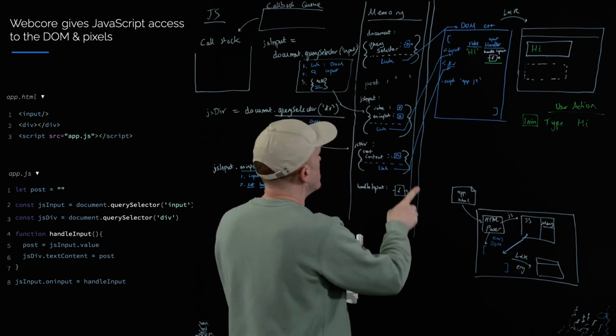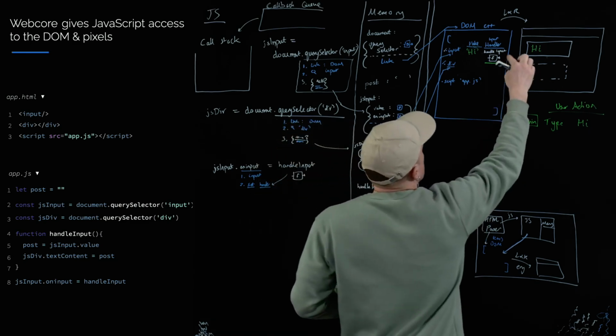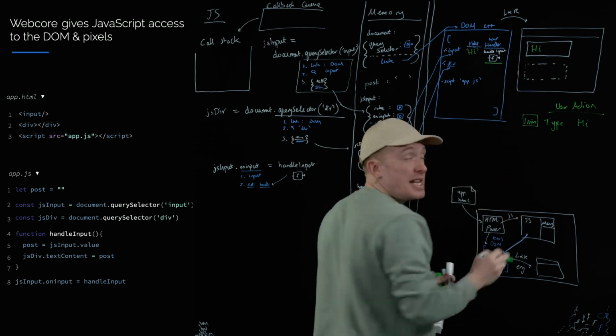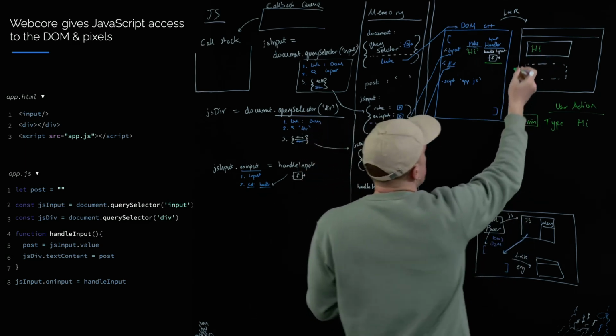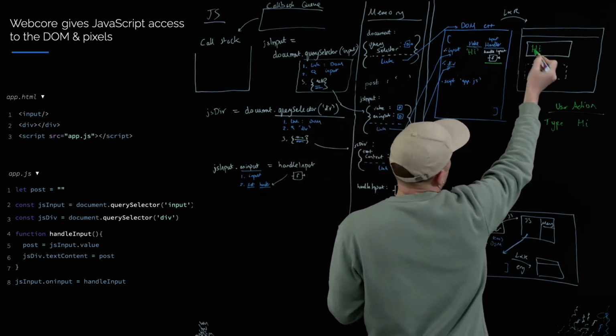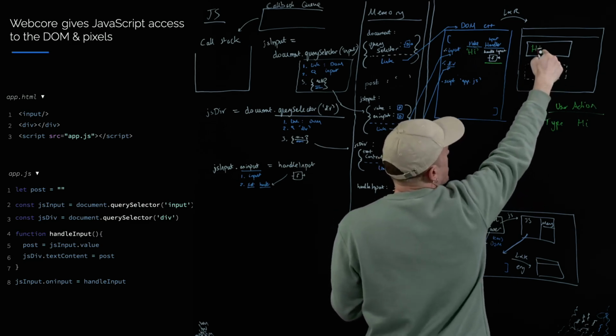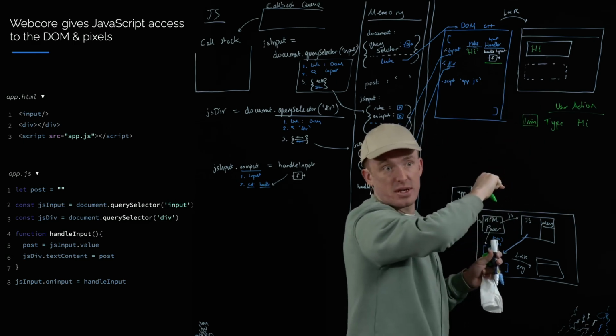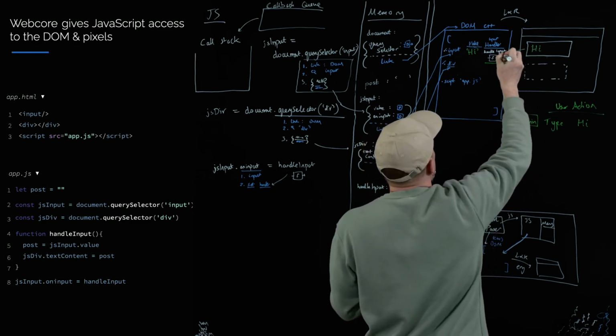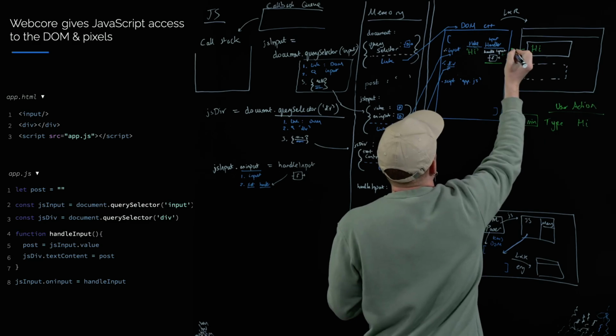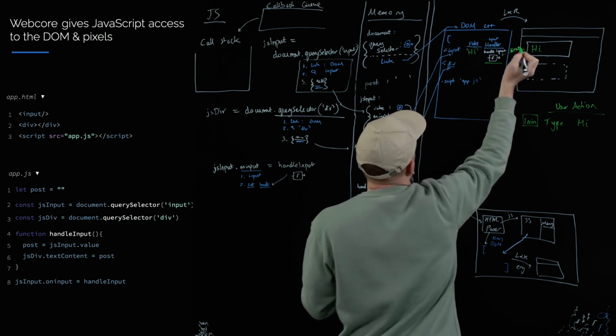So at this moment, actually, it's handled by the render engine, because it's directly related to what the user sees and where they're clicking. So when they start writing hi in this input field, it will trigger what's called an event. This is one of those names I don't love.